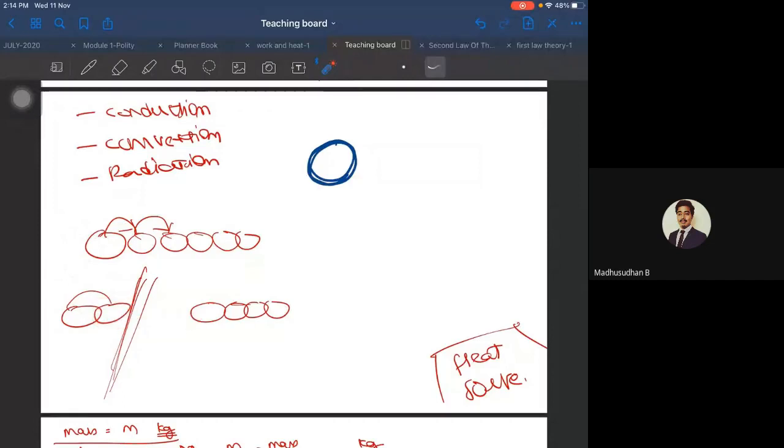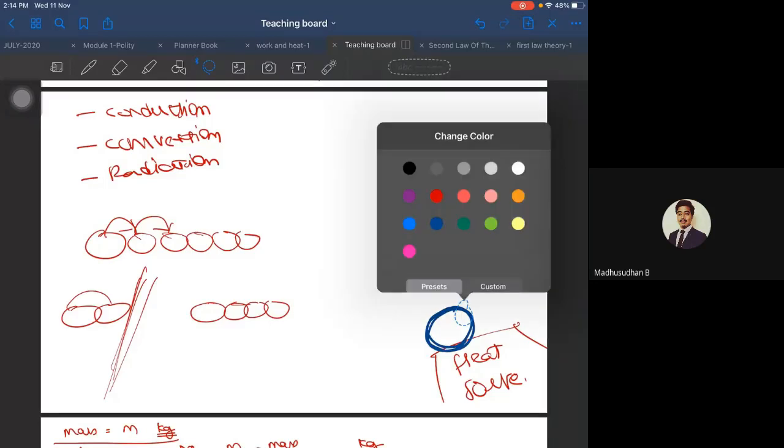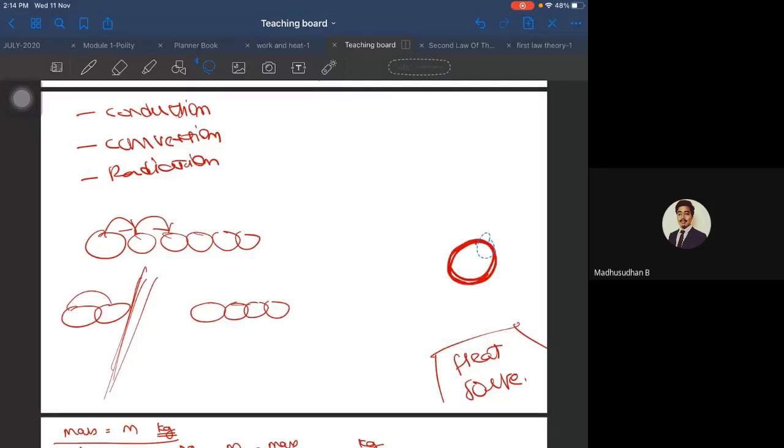The molecule is at its own place, but because of the touching action between the two molecules, the heat gets transferred like this. That is the conduction. But what happens in the convection is your molecule literally moves like this, comes to a heat source and gets heated, and again it moves away.